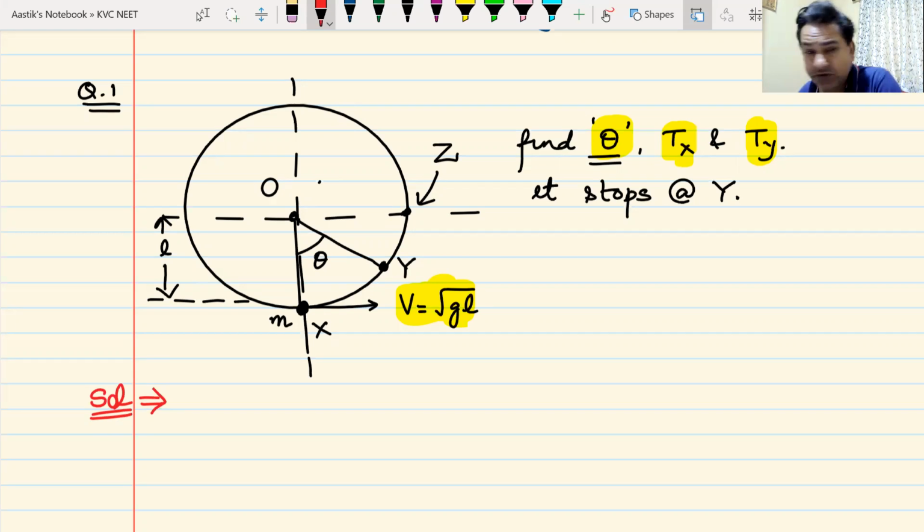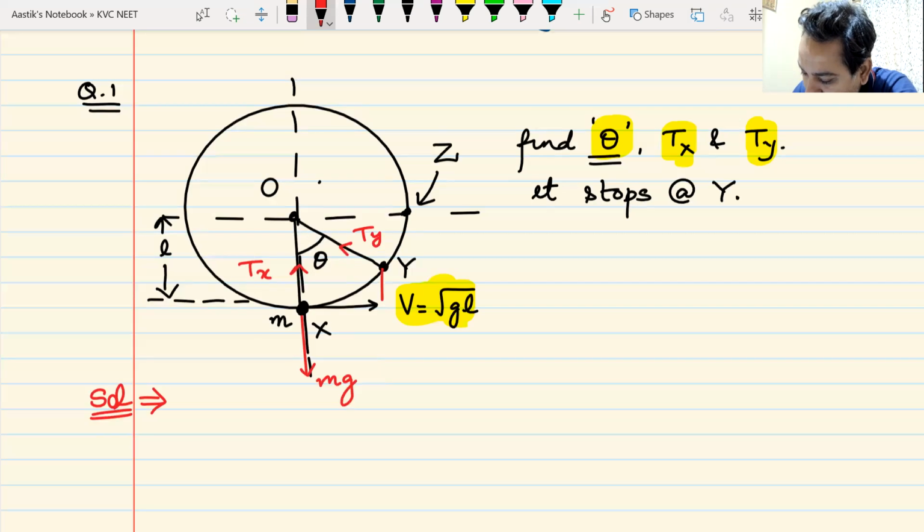So how will we solve this question? It's pretty simple. Let us first draw the free body diagrams. At this point, weight is mg. Tension in the string is Tx. At point Y, tension is Ty, weight mg is like this.